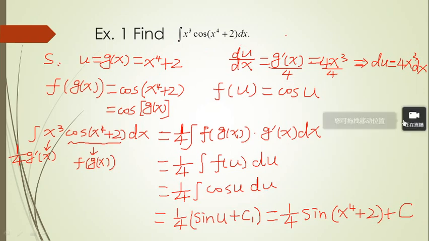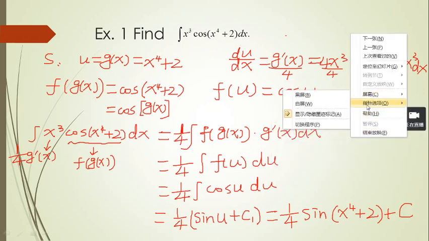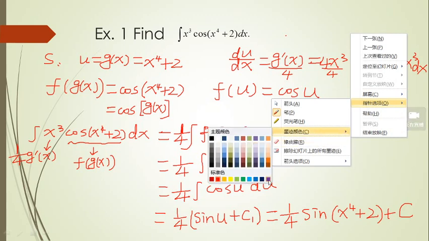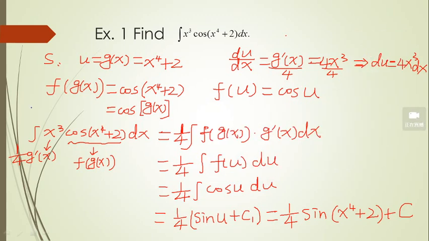Now, if you are not so confident about your final answer, let's check. Since this is the antiderivative, let's take the derivative of this term. d over dx of 1 over 4 sine of x to the 4 plus 2, plus the constant c.